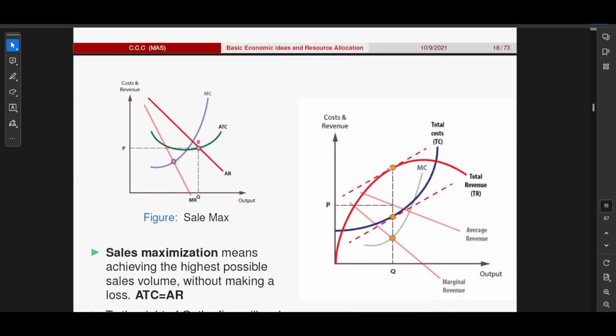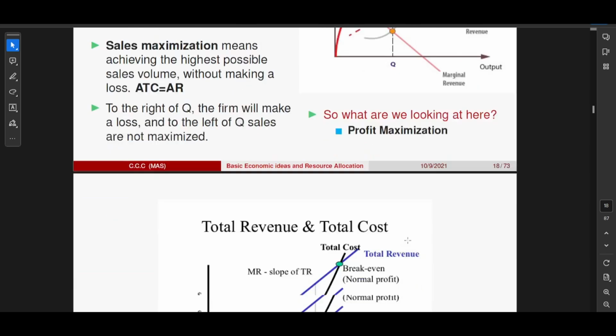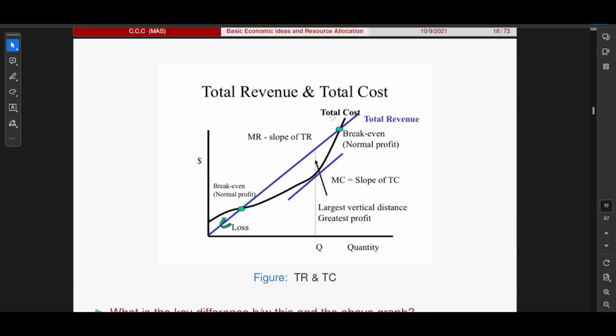And if we take the tangent here and the tangent of the total cost curve also, we see that they're parallel, right? The broken lines are parallel. So what are we looking at? Here's the break-even point, normal break-even.